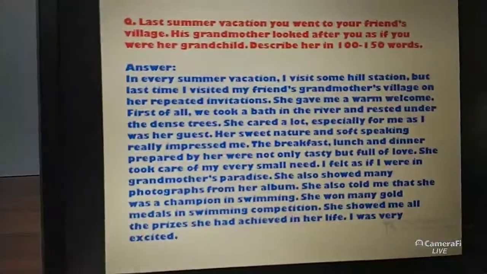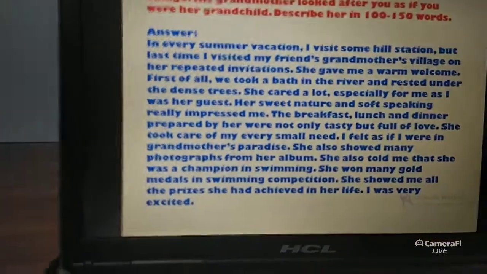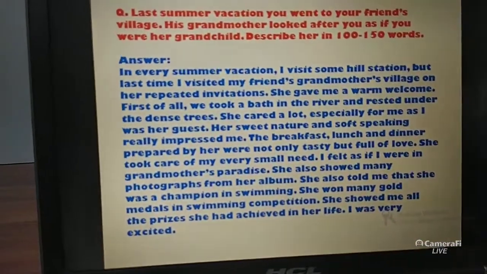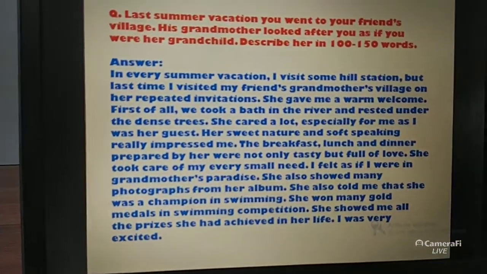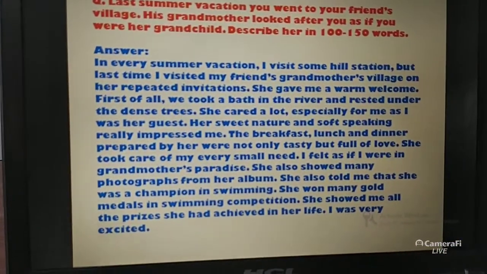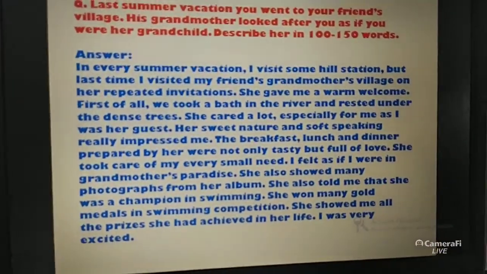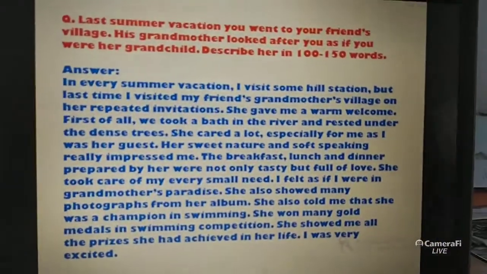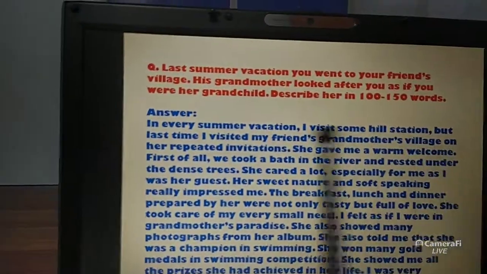So you are writing that every summer vacation generally you visit some hill station, but last time you visited your friend's grandmother's village because she repeatedly told you to come there. She gave me a warm welcome.